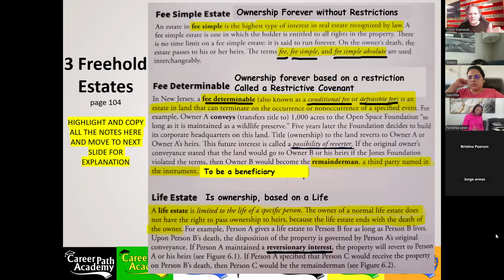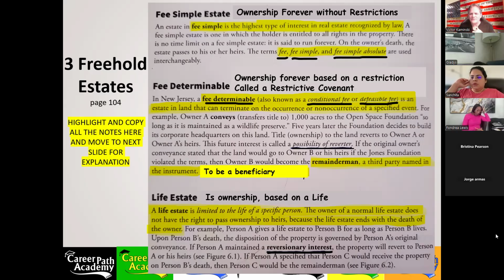So if you have a restriction that this property needs to be used as a wildlife preserve, and then you turn around and sell it to someone else, they need to follow that restriction as well. Restrictive covenants run with the land. Unless the person who put the restriction in the deed puts an expiration date on it. We call that a sunset clause.